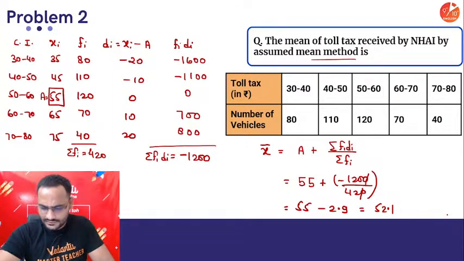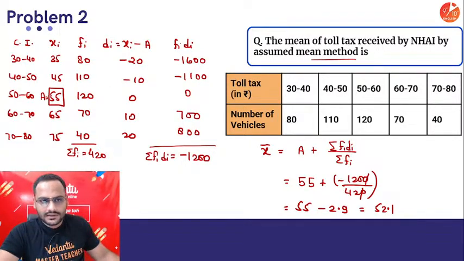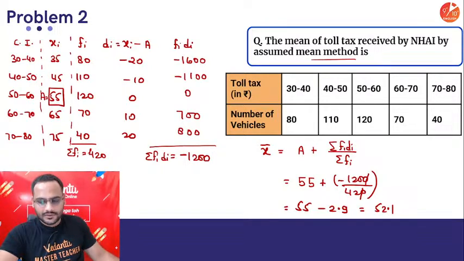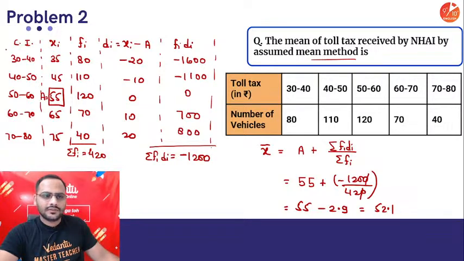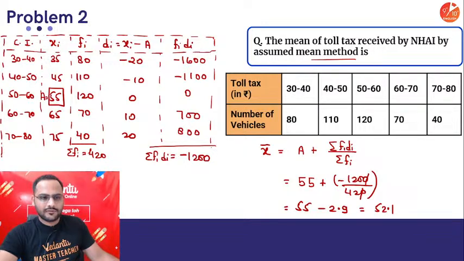Got it? Okay. So this is how the assumed mean method works. It is very important to understand the table, how we are creating this table. That is the important part to understand, how this table is being formed.